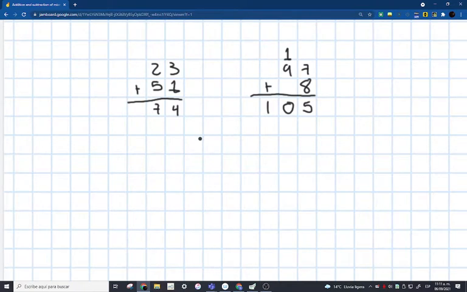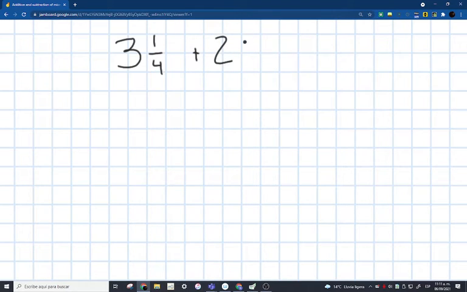Let me show you an example. Let's first begin with an example with mixed numbers that are like, so that we don't have to make least common denominator and all of that stuff. Imagine 3 and 1/4 plus 2 and 2/4.